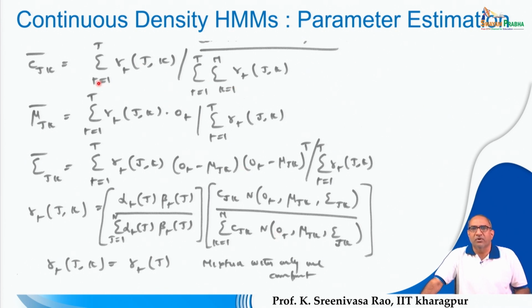So, with respect to a state represented by a mixture model, you can estimate the mixture parameters, C jk bar, mu jk bar and sigma jk bar. This way we can estimate the HMM parameters in the case of continuous feature vectors, whereas what we have discussed so far is HMM parameter estimation for discrete symbols.